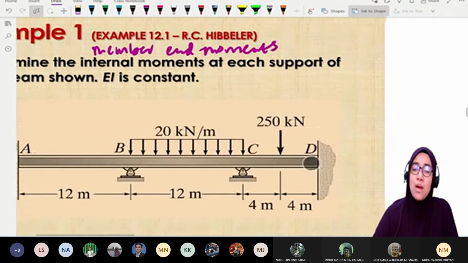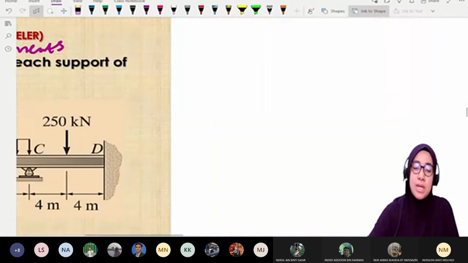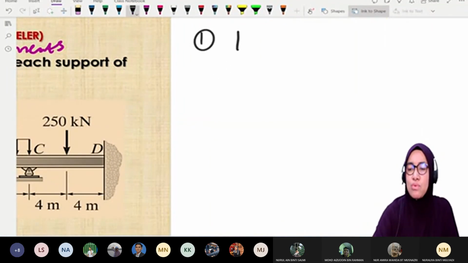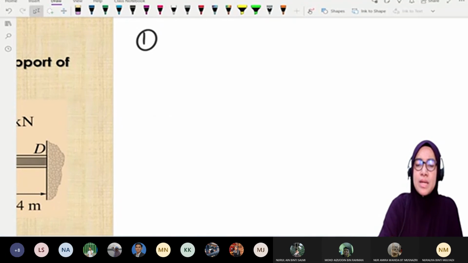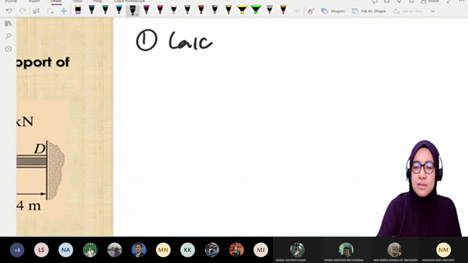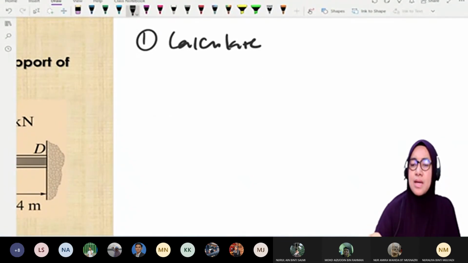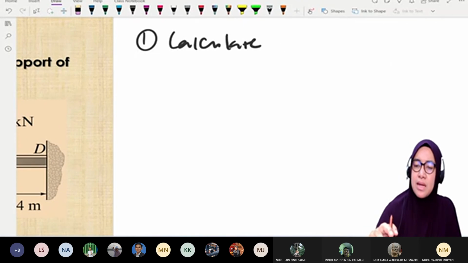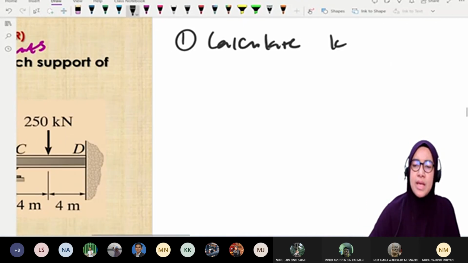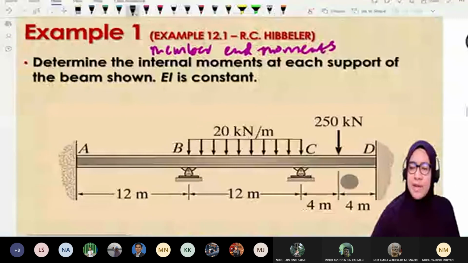Step number 1, what should we do? To analyze this, we have to calculate the stiffness factor K. How many K do we have in this beam?